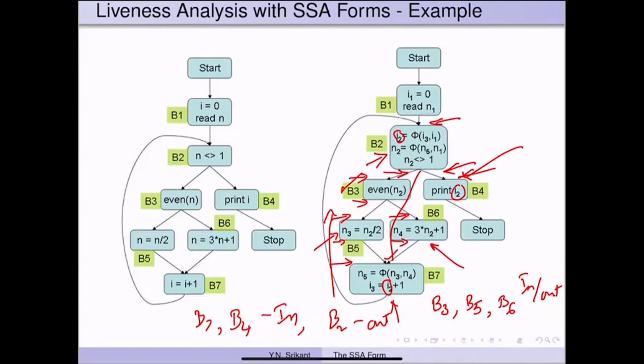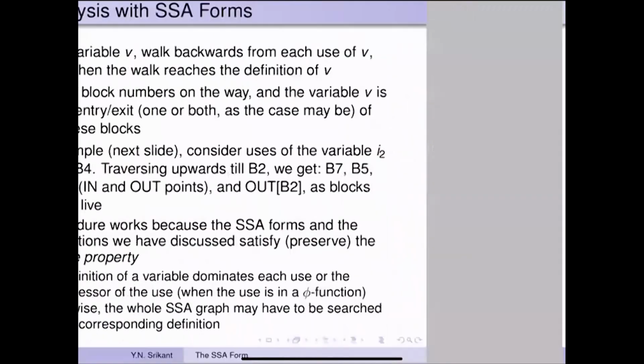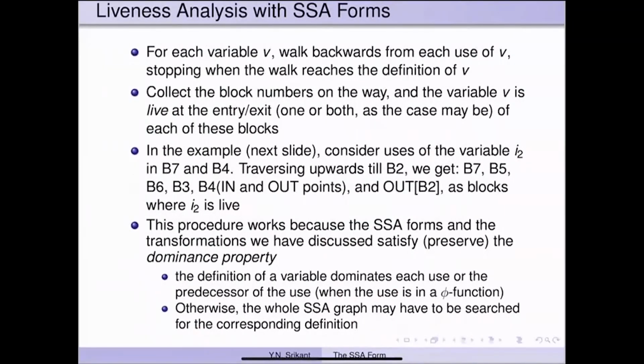It's a fairly simple strategy to start from the usages and go all the way to the definition. And since there is only one definition, it will always be met when we go up the SSA graph. That is what is said here. For each variable V, walk backwards from each use of V, stopping when the walk reaches the definition of V. This is what we did.